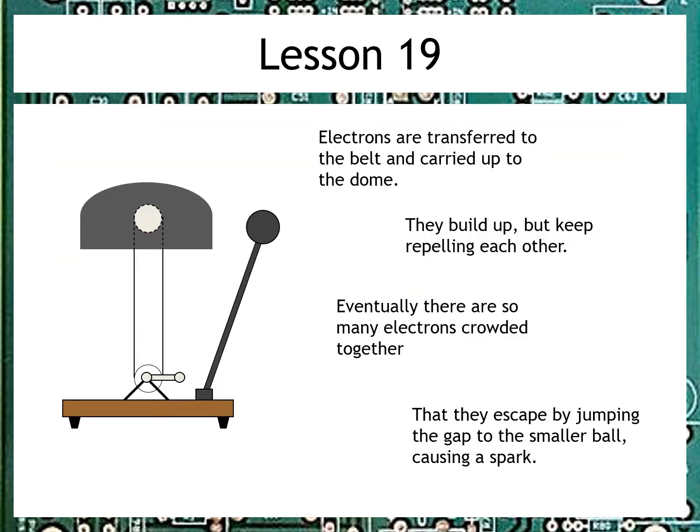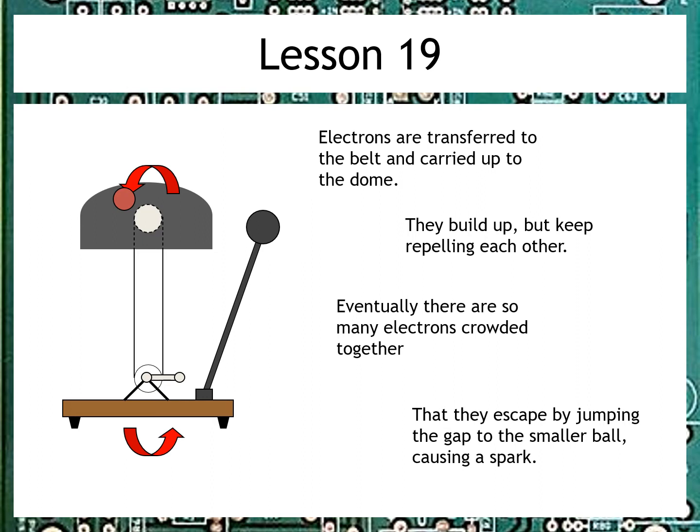The Van de Graaff generator is a practical you often see in the lab at school. And I've also shown it on some of the video clips I've chosen for you to look at the end of this presentation. The electrons get transferred onto the belt, and the belt takes them up to the metal dome at the top. Here they build up. You keep adding more and more electrons on that metal dome.